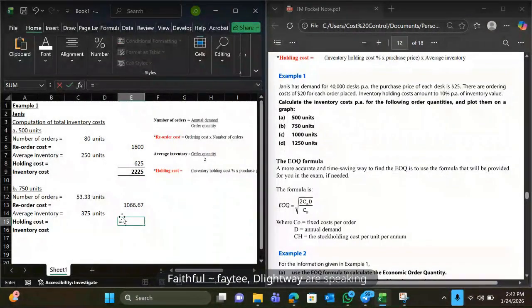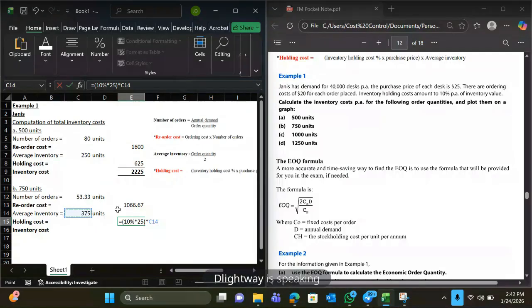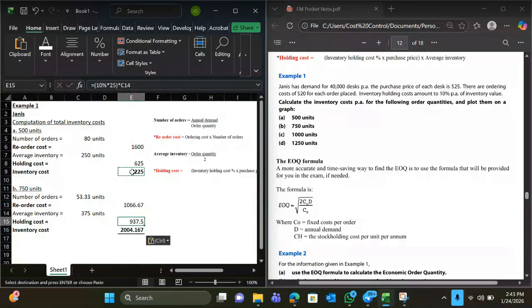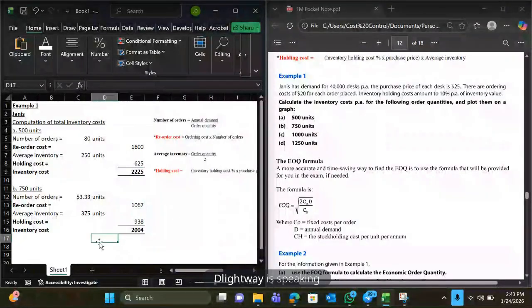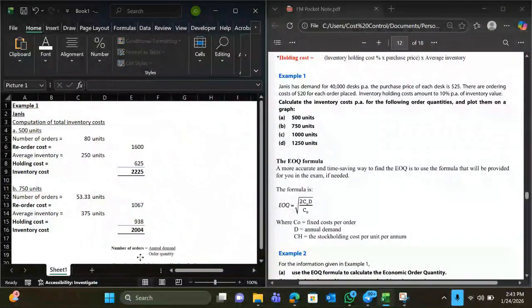So for the holding cost, it's going to be 10% of 25 naira multiplied by average inventory. Just do the same for this. Let's take this to one decimal place so it can be obvious what we are doing.